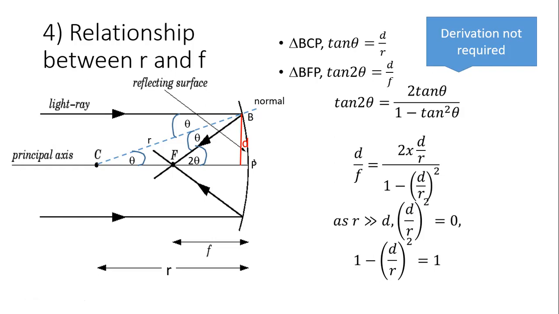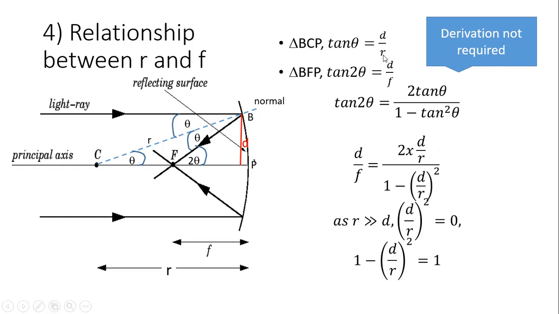D over F equals 2 times D over R, from here. Tangent square theta, that is tangent theta, so you square this.